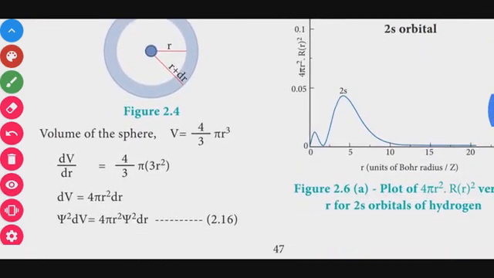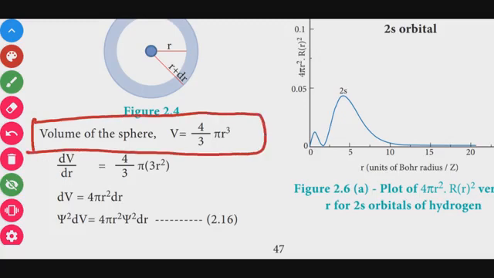Volume of the sphere equal to 4/3 pi r cube. இது volume of the sphere க்கு formula. And then இத நம்ம differentiate பண்ணனும்.